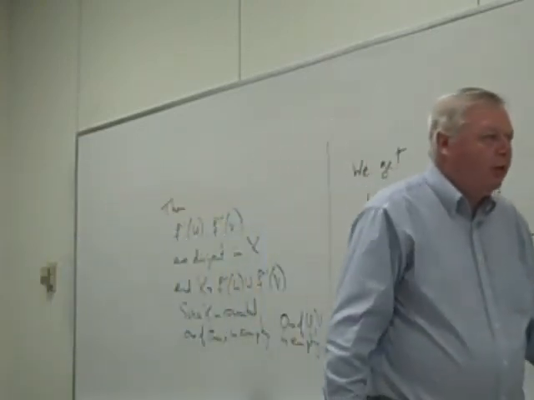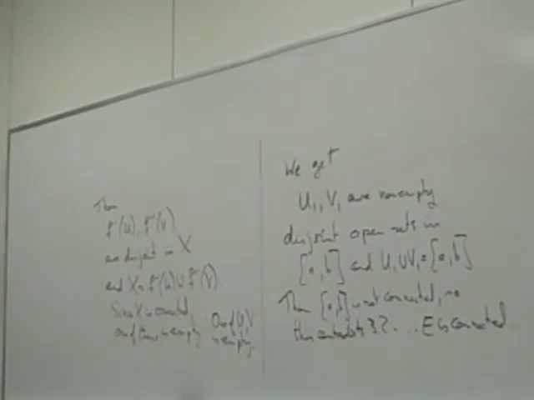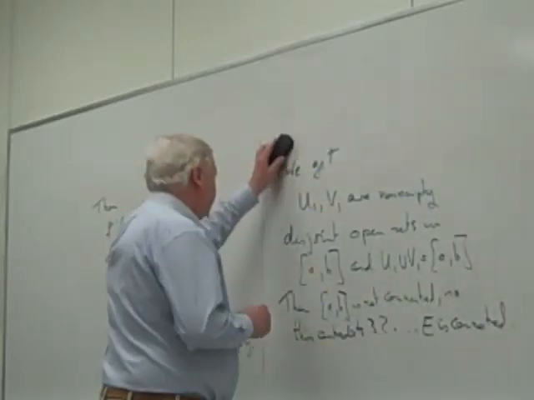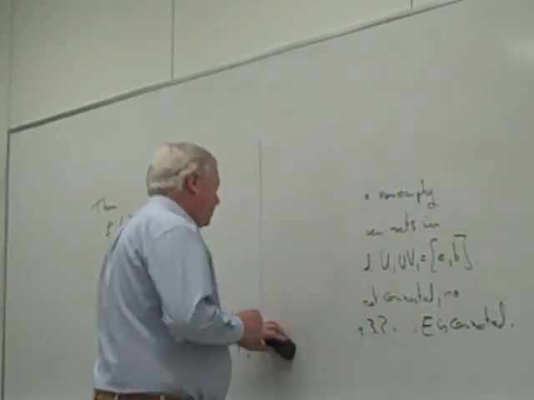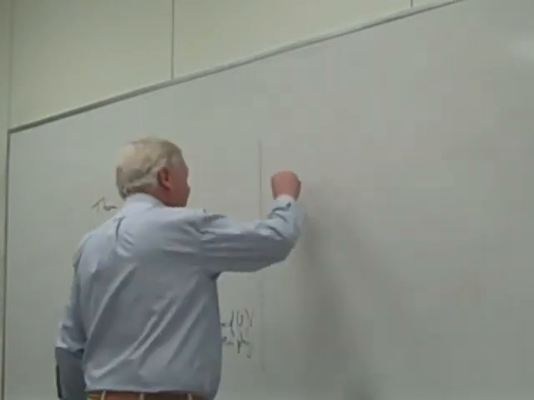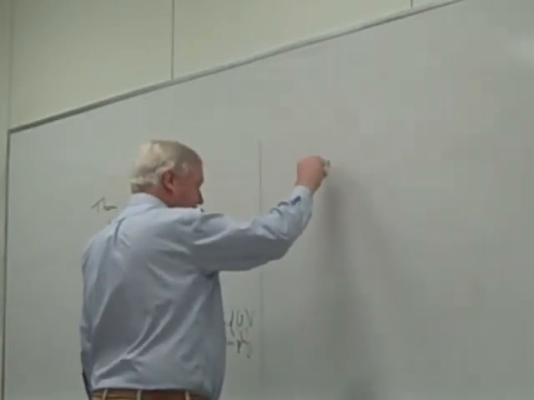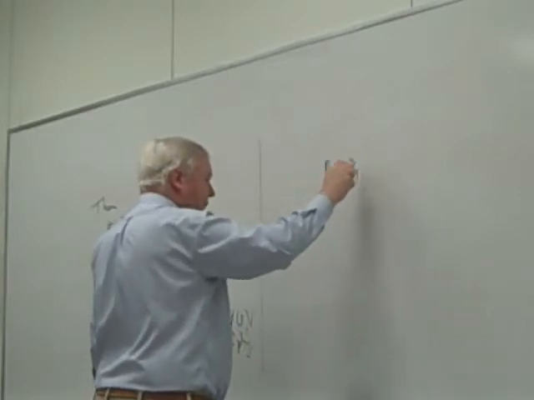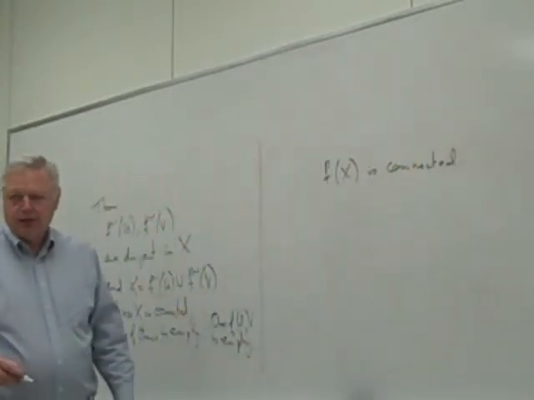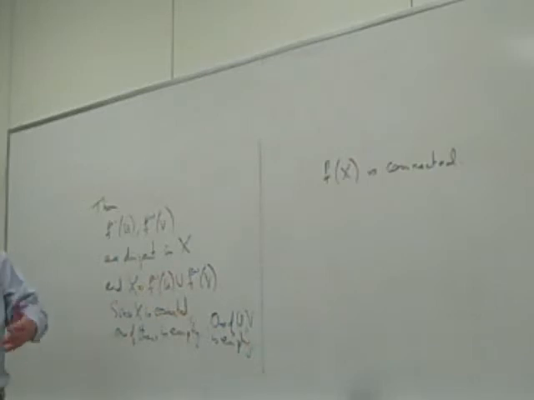So that says that the only way that you can write the range as a union of two open sets is in a trivial manner where one of them is empty. So the continuous image of a connected set is connected.